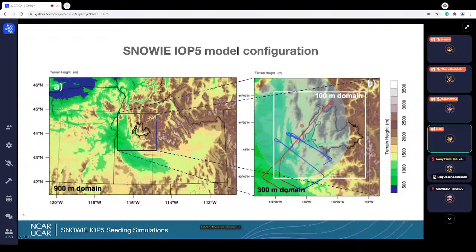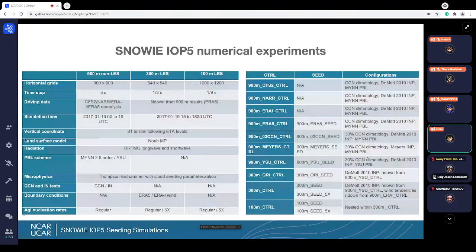I'll mention that later. And then to configure this real case simulation, we noticed in the past, based on our experiences, the results are very sensitive to the large-scale forcing data. So we actually ran this case with 4 different types of reanalysis, and only picked the right, or at least the most agreeable model results into LES simulations.